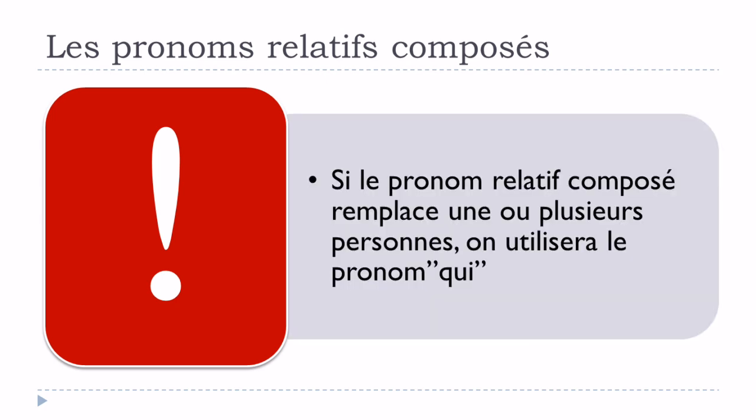Keep in mind that if this pronom relatif composé replaces une ou plusieurs personnes, on utilisera le pronom qui. It's good news because if you want to use this pronom relatif composé instead of a person, you won't use lequel or laquelle, but you will use qui, and then you will combine this qui with a preposition.